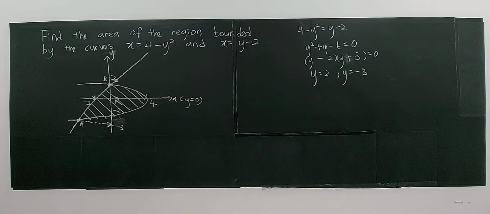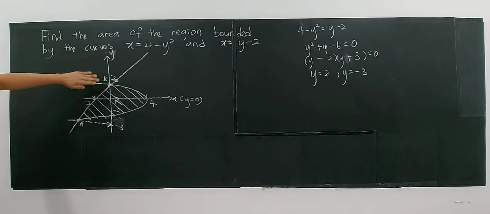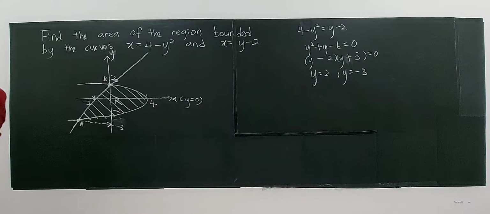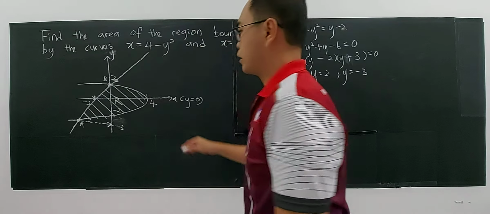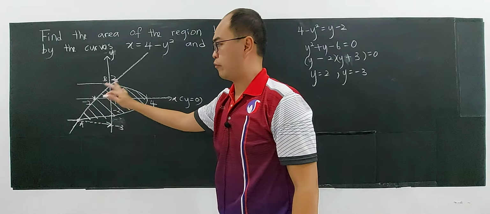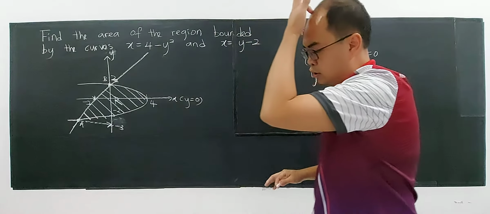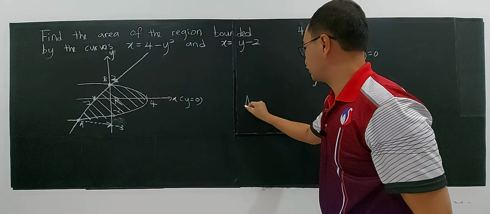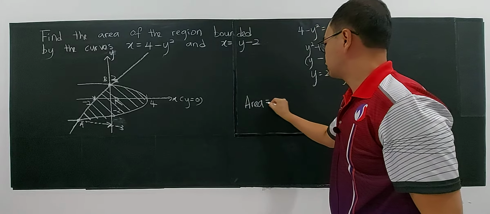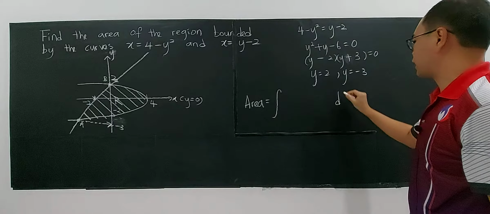So this region bounded now is facing y. I'll give you a clue: because they open to the left or open to the right, for this type of graph, usually you will define the area by integrating with respect to y.